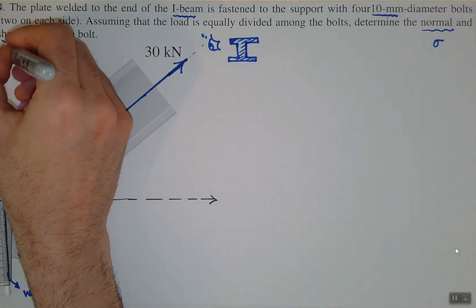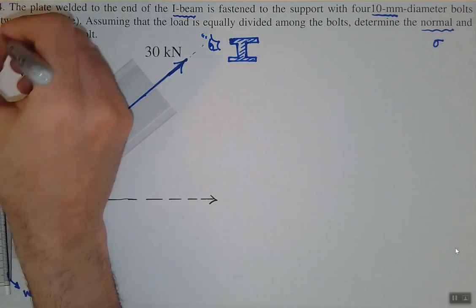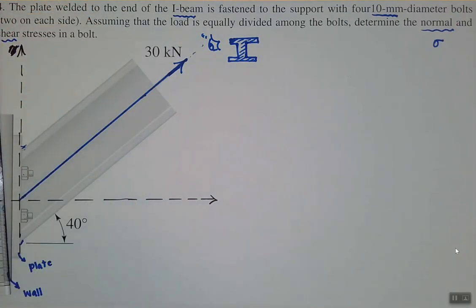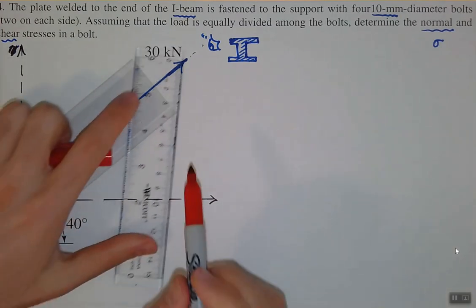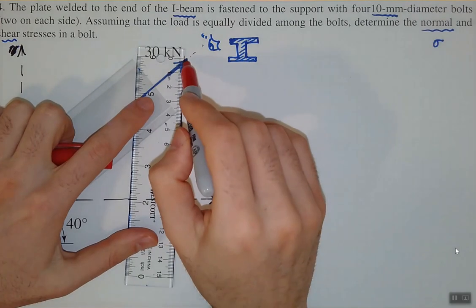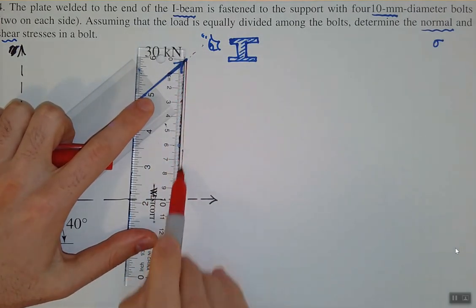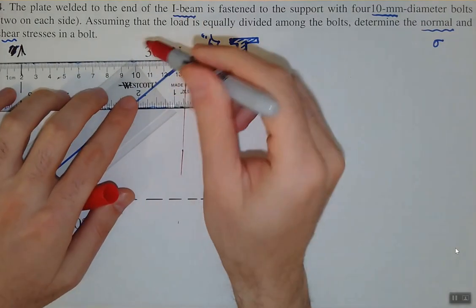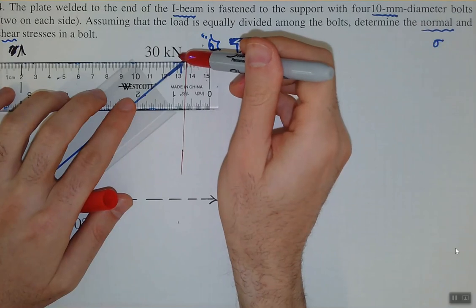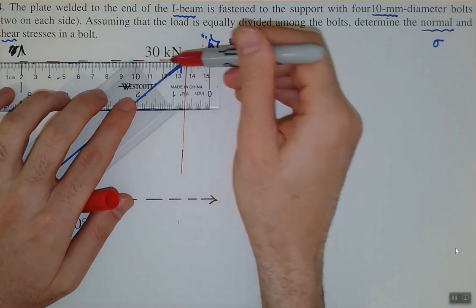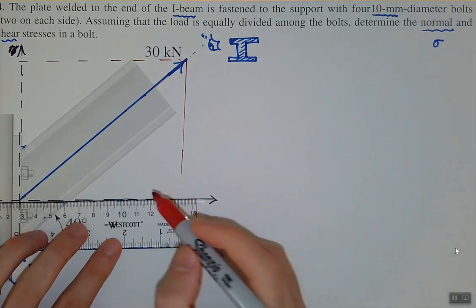So this tau is not for that, this is tau. And then what I will do, simply I find the component of this load, which we know how to do that. Always I draw the horizontal and vertical lines, so I don't make a mistake.